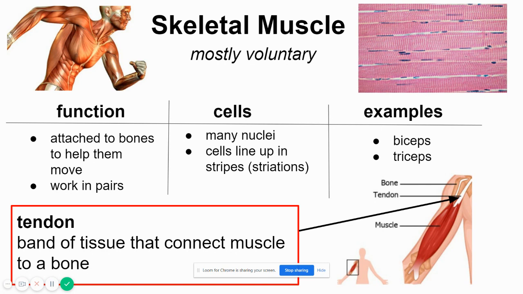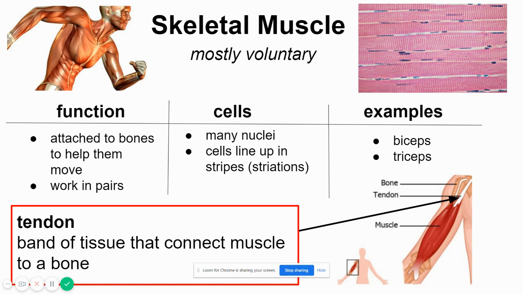You have a bicep on the top side and a tricep on the bottom side. When you bend your arm, your bicep is contracting, it's pulling together, which is pulling your arm towards you, and your tricep lengthens. But when you straighten your arm, your tricep pulls together and your bicep lengthens.